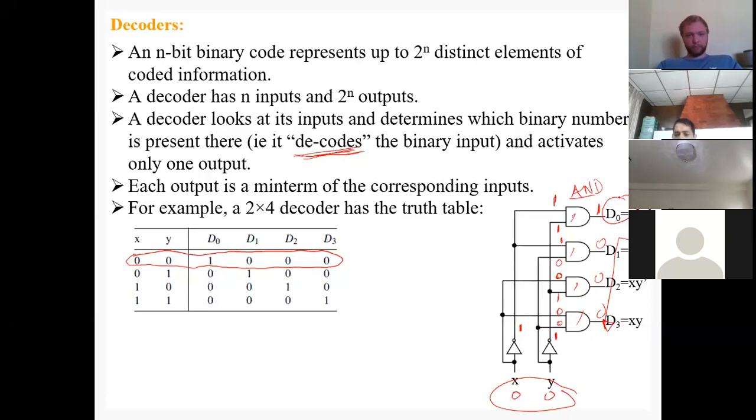So when you see the output, this output is high, everything else is low, then you don't have to go to input to understand what the inputs are. Okay. So what is the language that talks?